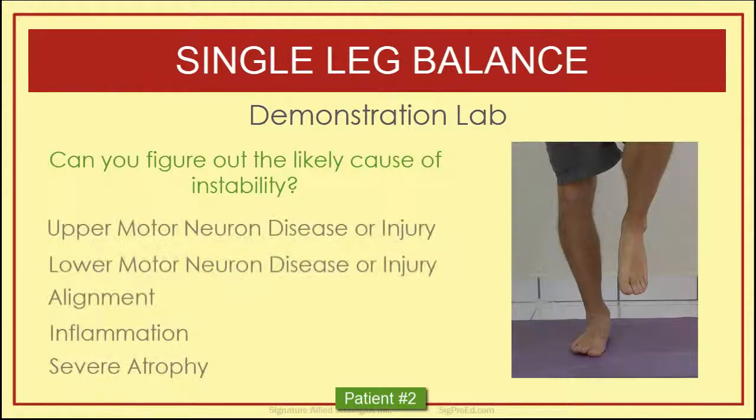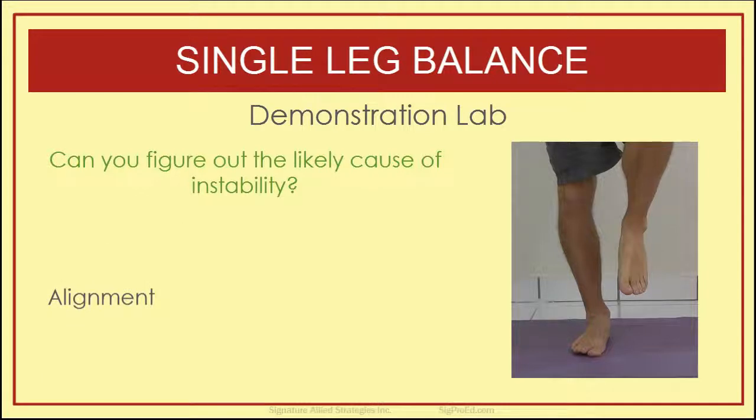What do you think is the reason for this patient's instability? The patient is neurologically intact, 45-year-old male, no history of arthritis or trauma to the ankle or foot. Based upon this patient's history and looking at the structure of his foot, ankle, and leg, his instability is likely due to alignment.